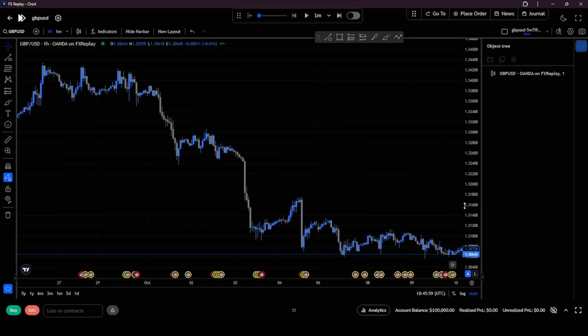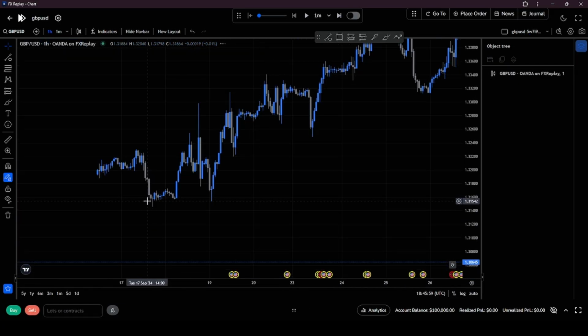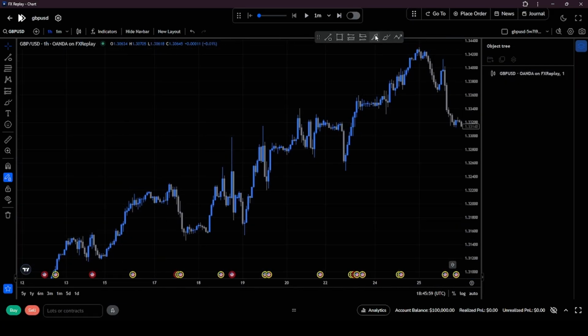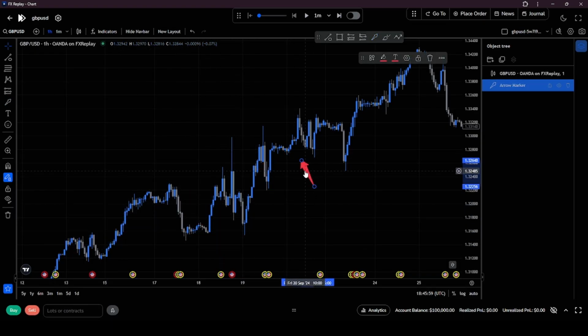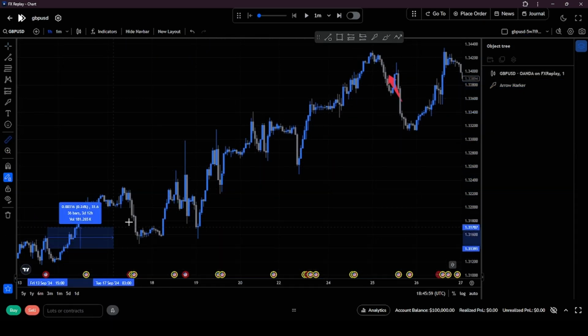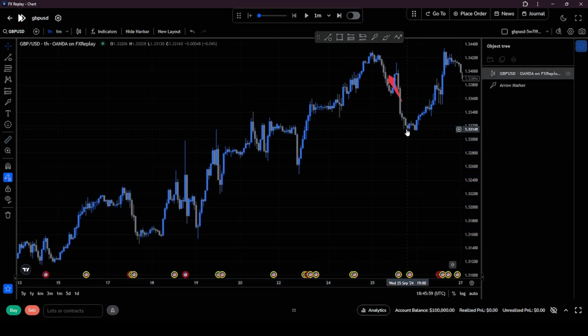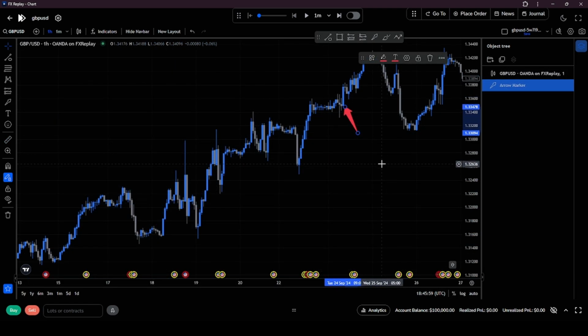So on the chart, as you can see, on the 1 hour time frame, we're heavily bullish. We've been bullish from this side to here for about 12 days on the 1 hour time frame.